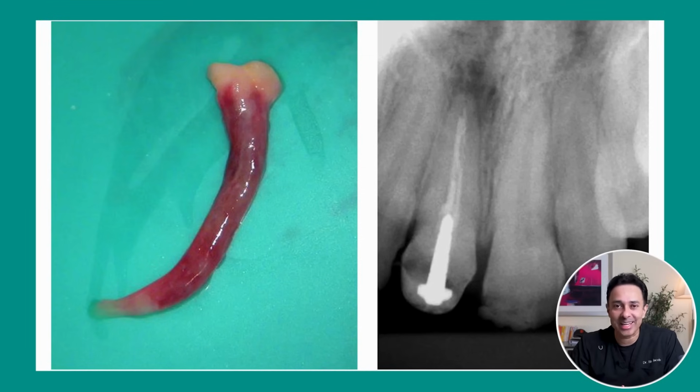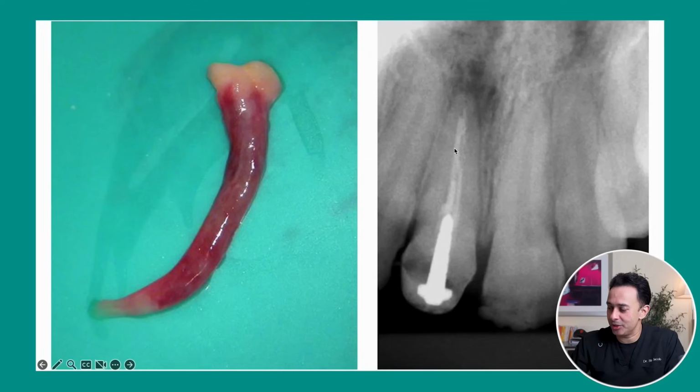So I can only guess at this point in time, because the patient says that this was done when she was a child. So I presume that when this was done originally, some clinician back in the day filled the canal partially, but inadvertently left behind blood from the apex, which filled the canal. And that blood actually started getting invaded by stem cells, and a full-blown pulp tissue actually grew there.